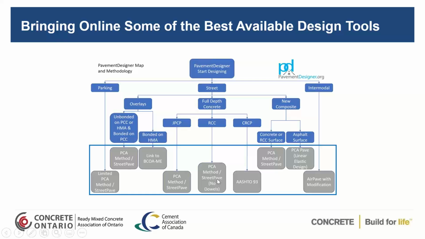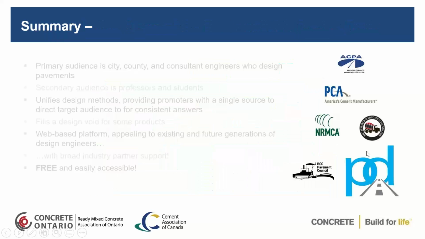RCC, the PCA method and StreetPave, but no dowels. Then you have your continuously reinforced concrete pavements based on the AASHTOWare 93 design procedure. And then again, you can look at the composite pavements, concrete and RCC, asphalt surface. Those all can be analyzed, and the intermodal side, and that's using the AirPave with some modifications to the AirPave software.